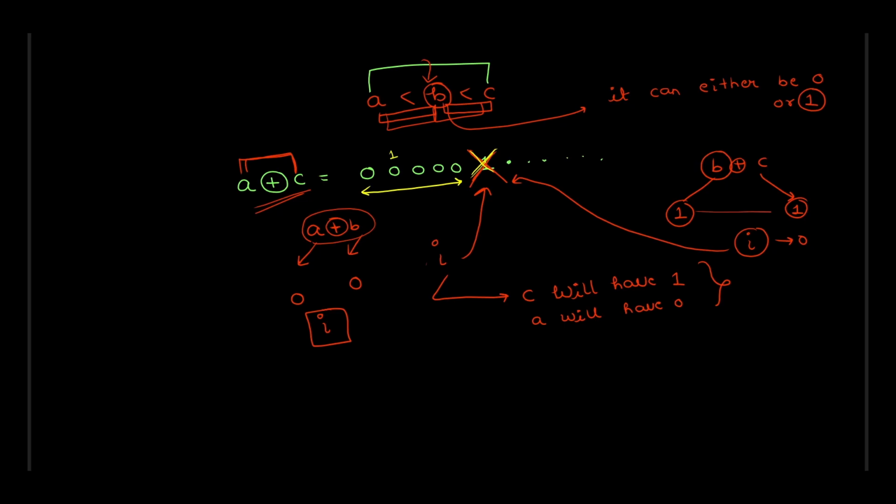That is actually not a possibility, because we already concluded that A and C share these many similar bits between them. So anything that is sandwiched in between also has to share the same number of leading bits. This is the general ordering of binary representation.